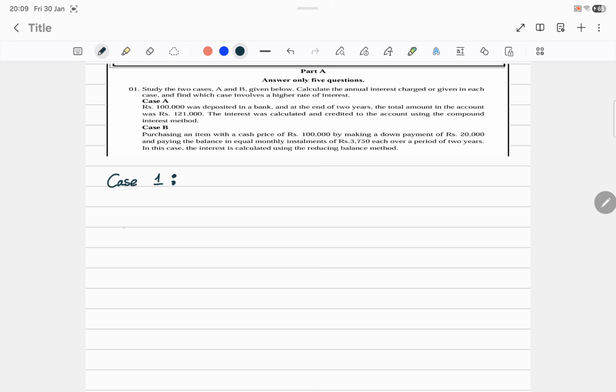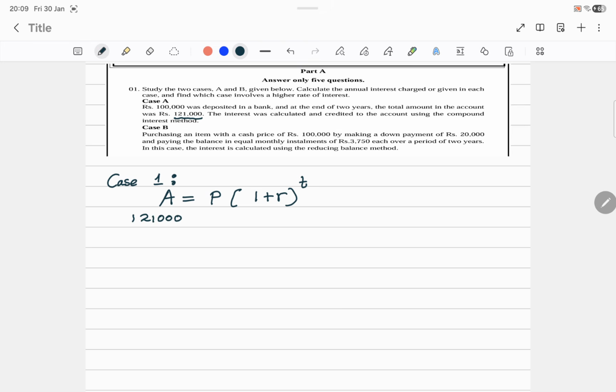So compound interest, A equals P times 1 plus R to the power of time. So A is what? The amount accumulated at the end of the time period. So that is 121,000.